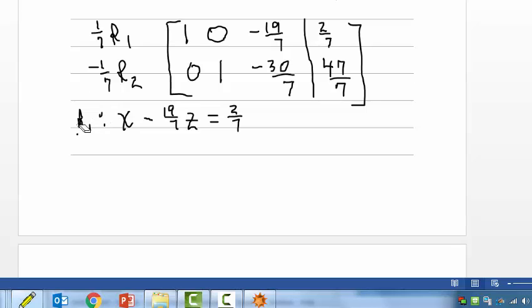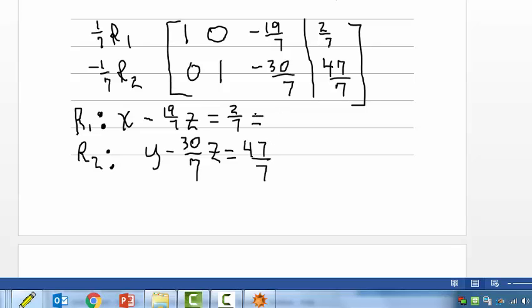Row 2 is telling me that y minus 30 over 7 z is equal to 47 over 7.